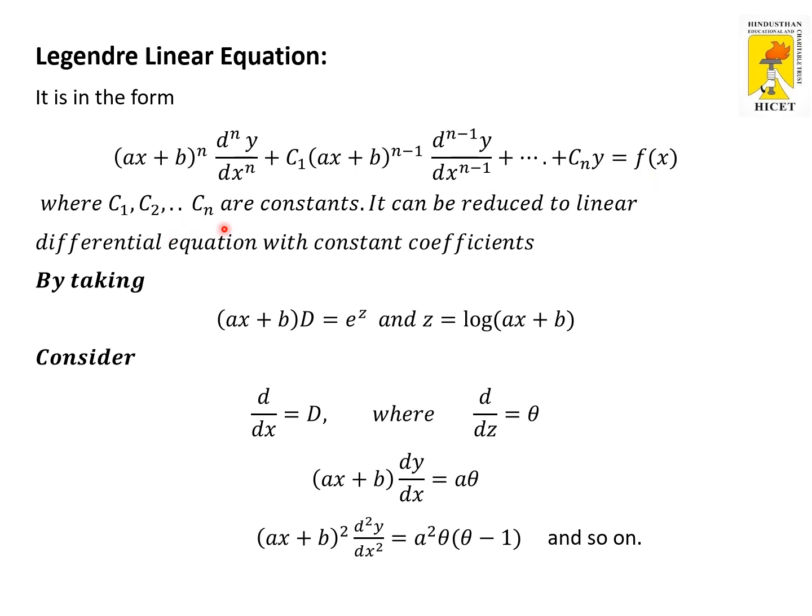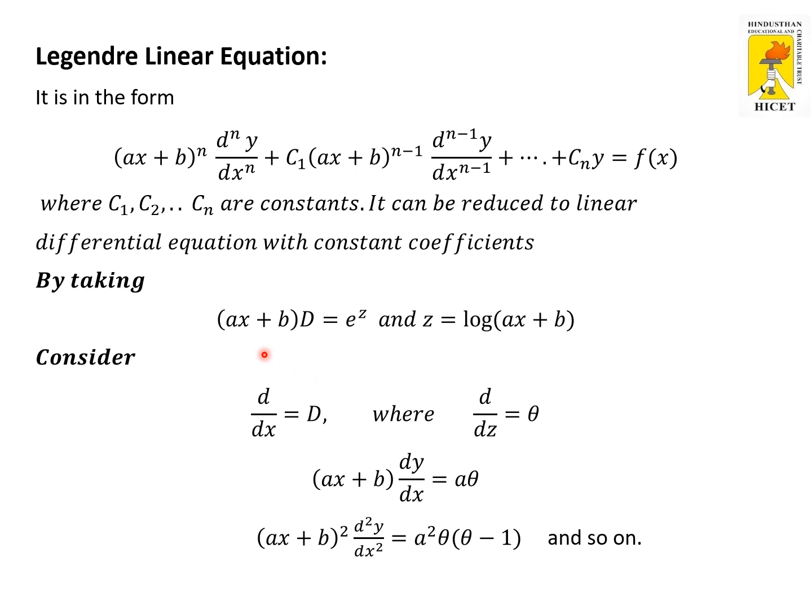where c1, c2, etc. cn are constants. And it can be reduced to a linear differential equation with constant coefficients by using the substitution (ax plus b) into capital D, here D as d by dx. So ax plus b equals e power z, that is z equal to log of (ax plus b).